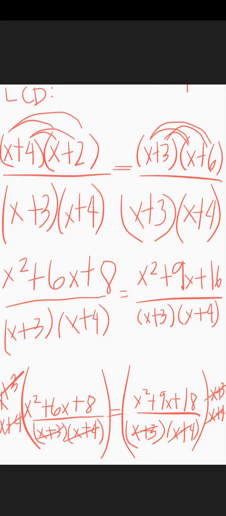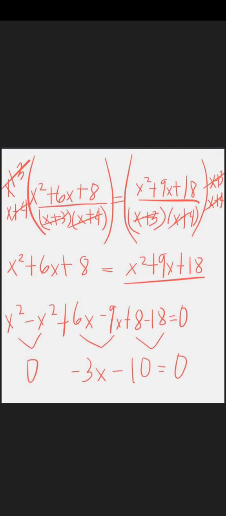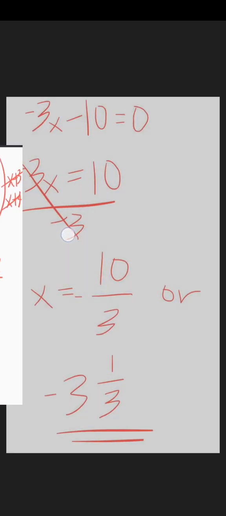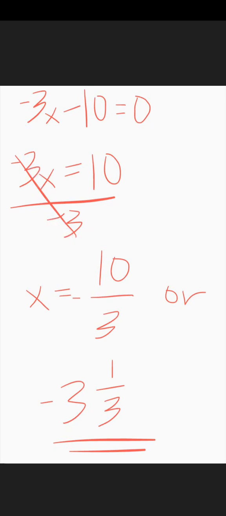Now we are going to transpose negative 10 to the other side, because we have a rule that there should only be the variable on the left side. So it will become positive 10, and we will divide both sides by negative 3, so we can have a positive variable x. That will leave us x equals negative 10 over 3, or negative 3 and 1/3.